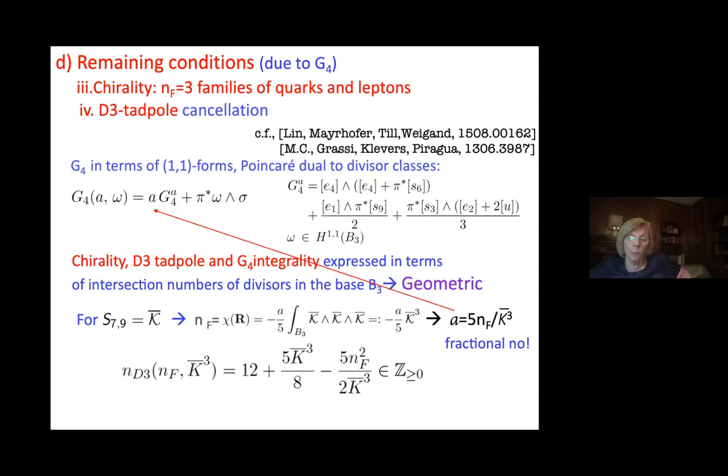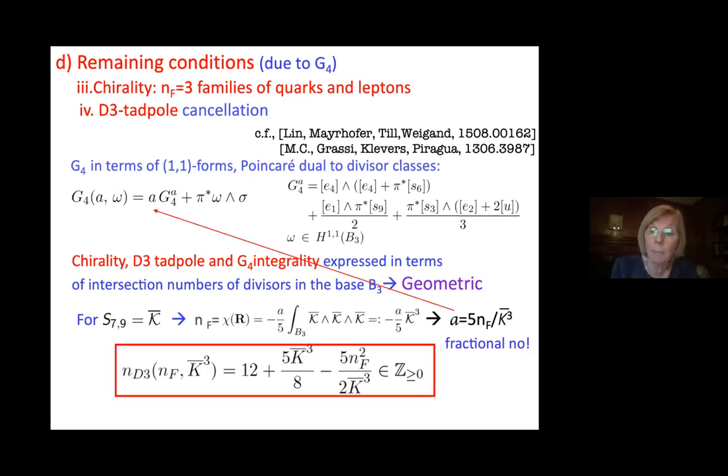Last thing now, with all this input about the chirality or number of families, we plug our G4 flux construction into tadpole cancellation and get a condition that the number of D3 branes, which has to be an integer positive number, depends only on the number of families and, as expected, on the triple intersection of anti-canonical divisors.